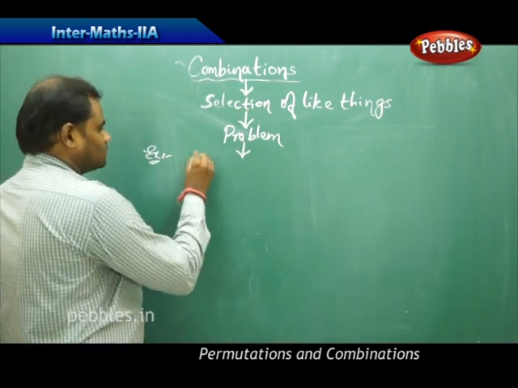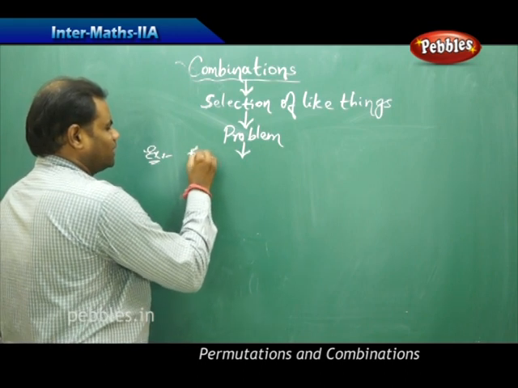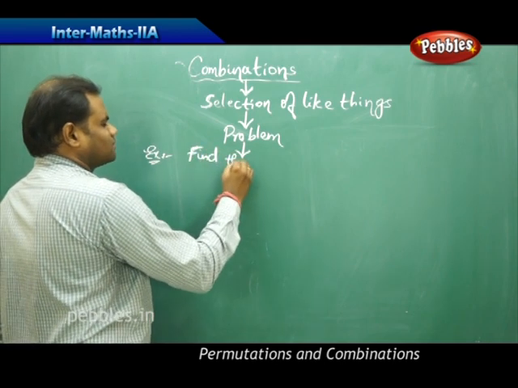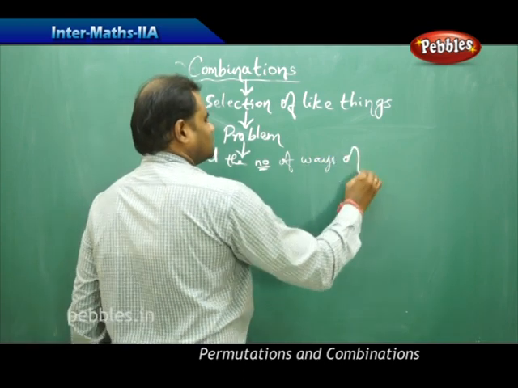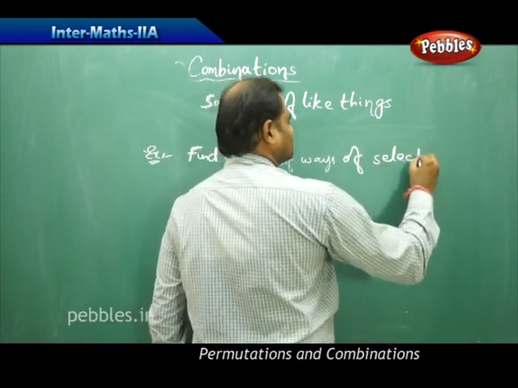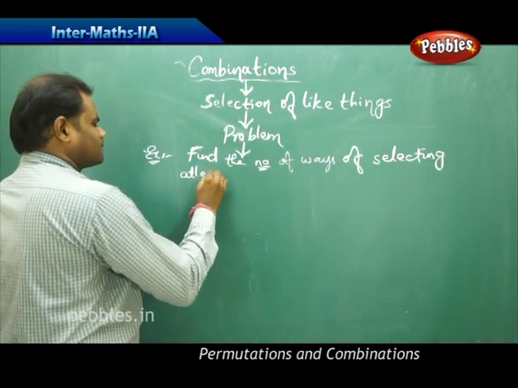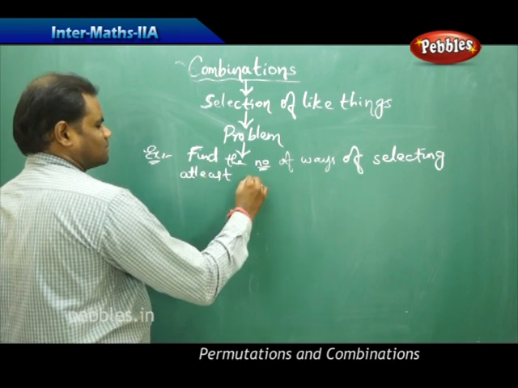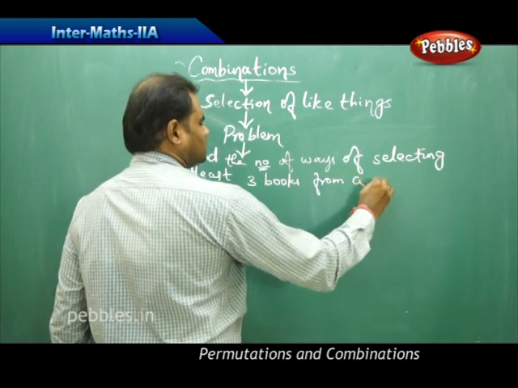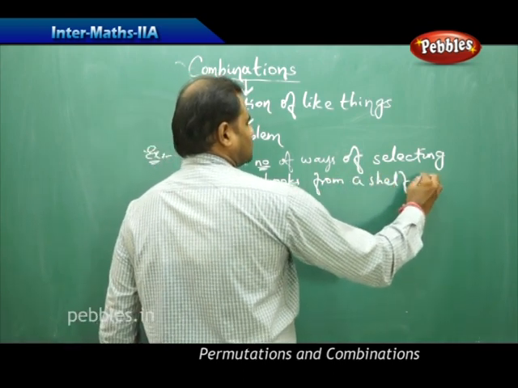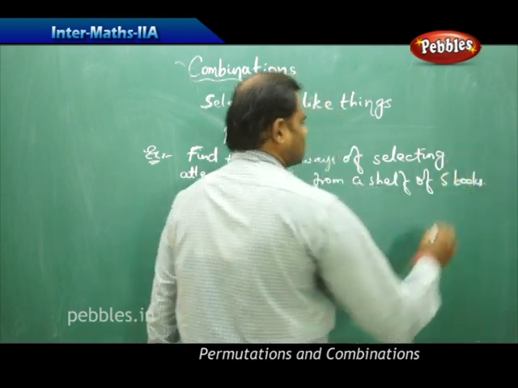Say for example, the question is: find the number of ways of selecting at least 3 books from a shelf of 5 books.